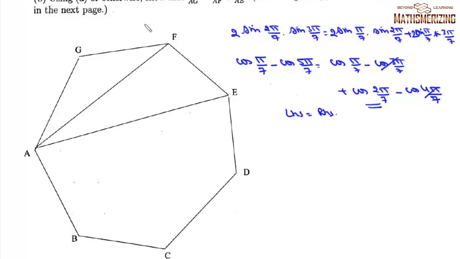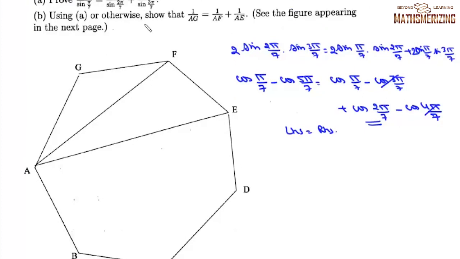Now using this or otherwise, show that 1 upon AG equals 1 upon AF plus 1 upon AE. Now suppose the center is at O, and we complete these triangles.